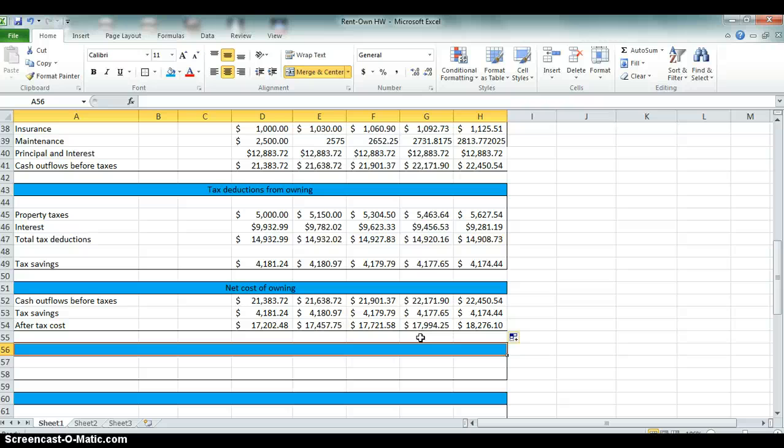Now we're going to analyze what would be the net cost of renting. For renting, we have rents equal our original rent for year 1. We have it already here.